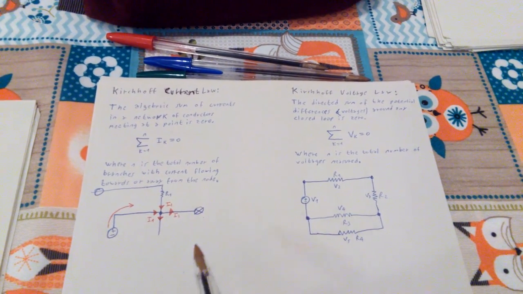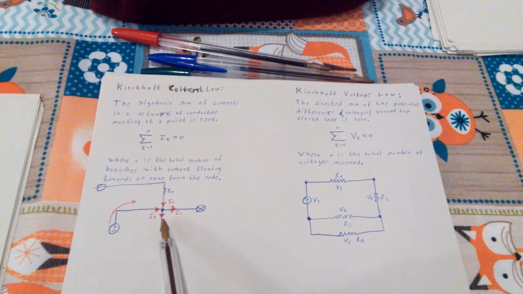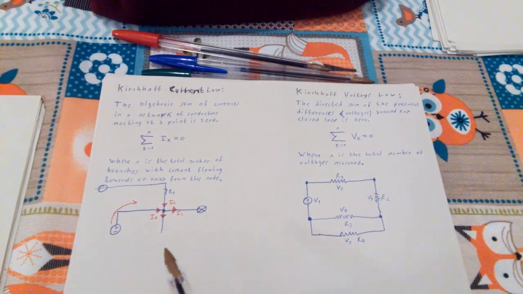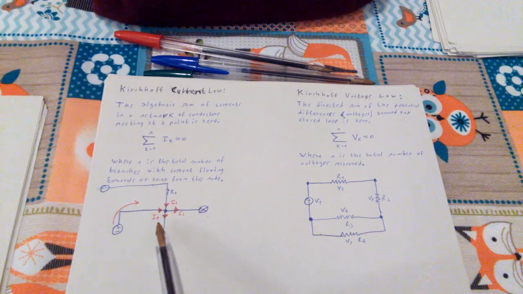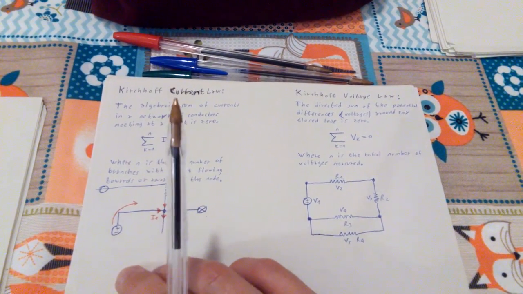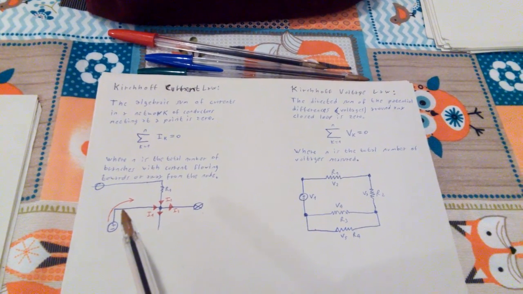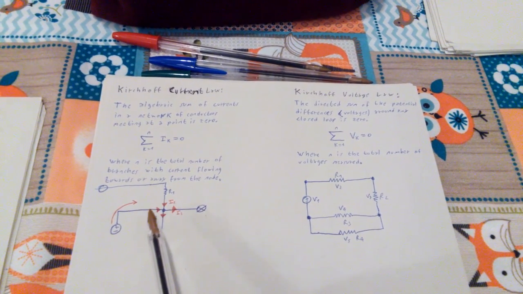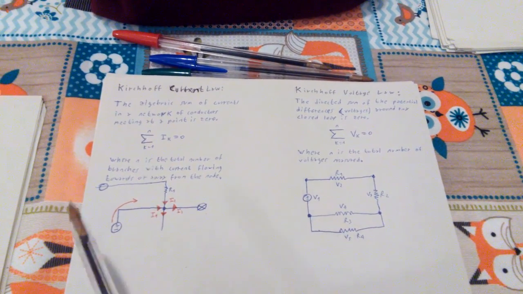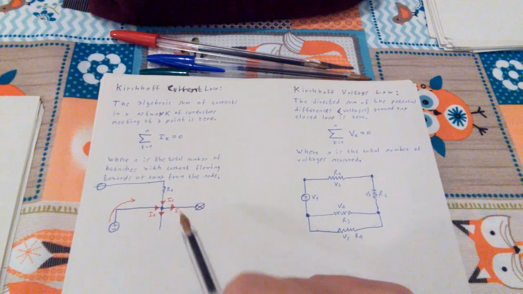But let's say that I want to apply Kirchhoff's first law to this node. You're going to have to choose a convention and stick with it. You have to choose whether you consider the currents entering or the ones exiting the node as positive or negative, and be consistent every time along your circuit.